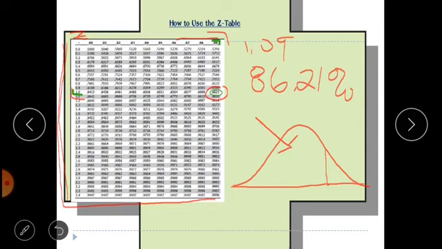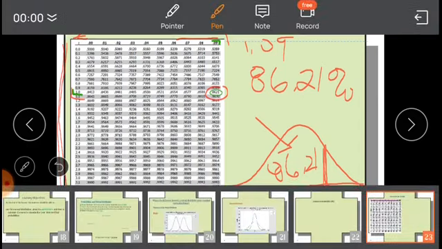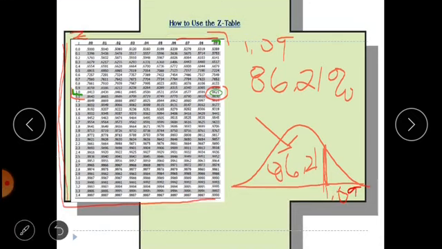Left, which is, ito yung 86.21%. And itong remaining value ay itong side natin, which is napakaliit lang, the remaining portion, ito yung given z-score value natin, which is 1.09. Okay? So, ito yung ating area left of the z-score. Okay? So, nakuha nyo ba, class? Yung area.